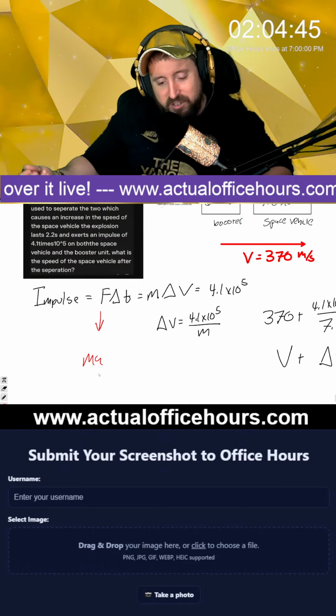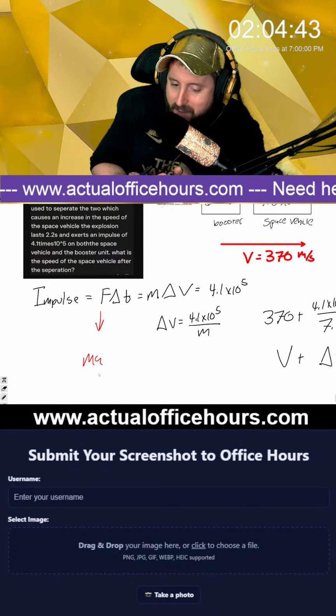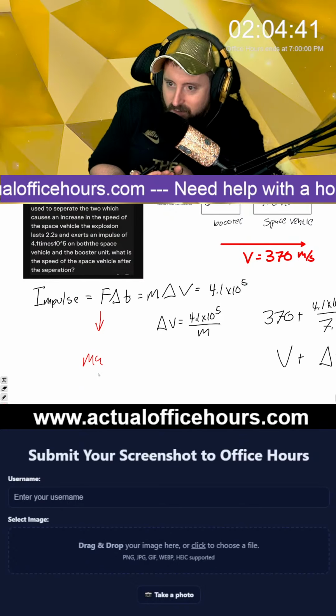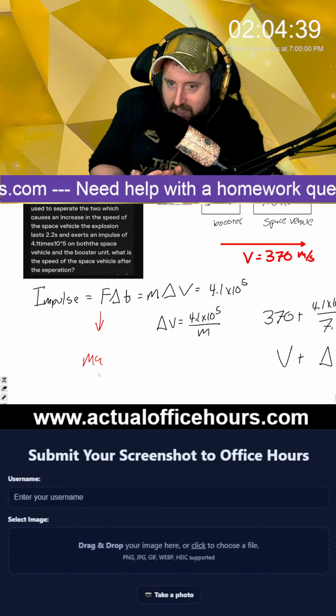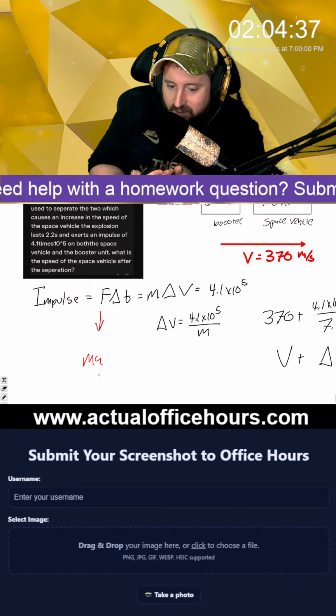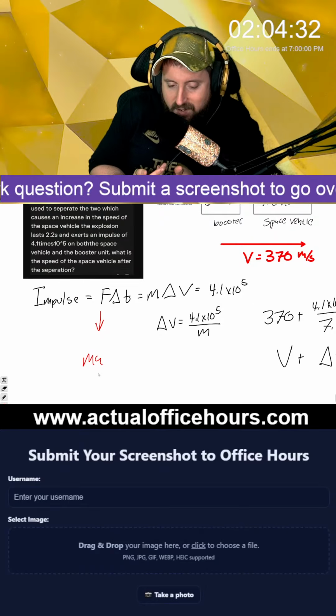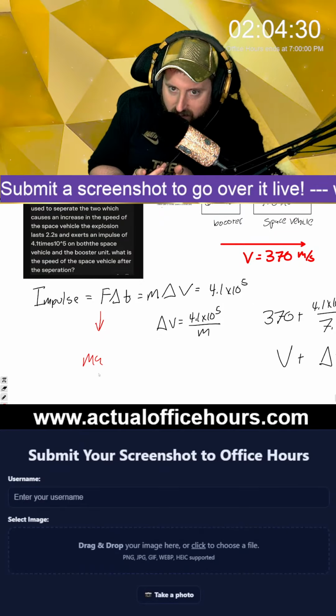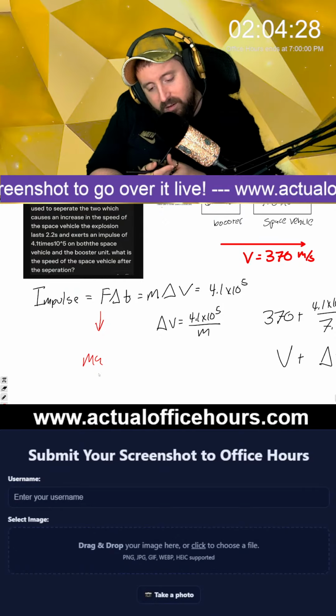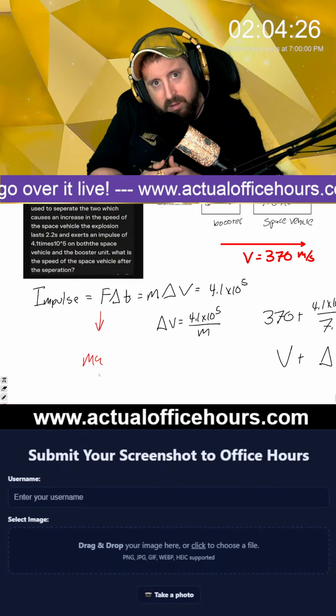So I'm just going to divide by m. I'm dividing by m anyways, right? So at the end of the day, I'm gonna get an acceleration, but then that's weird because then I have to know how much time has elapsed.